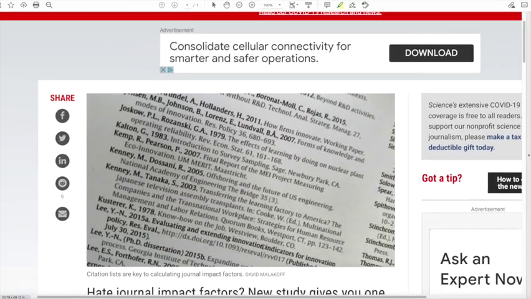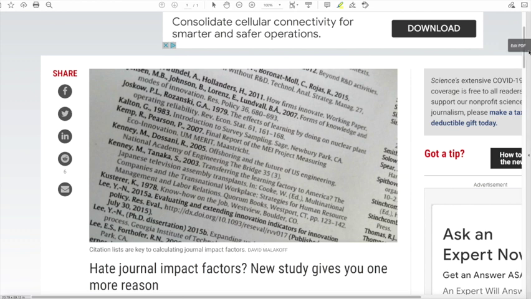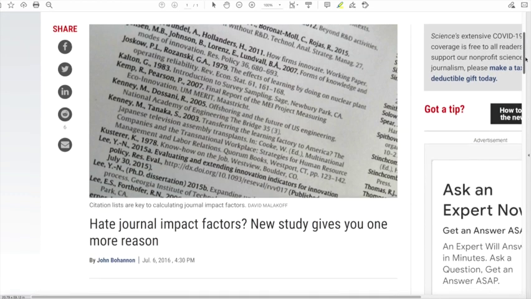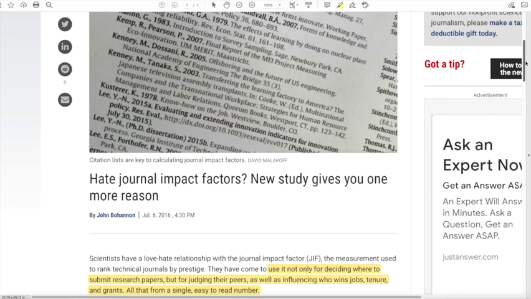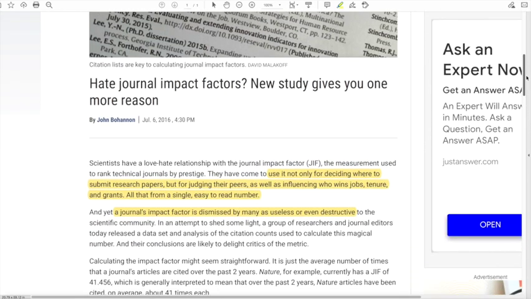So these misuses of the journal impact factor are widely known. And if you look on the internet, you'll see a lot of discussion about misuses of the journal impact factor. For example, this is an article in Science that was published in 2016. And the title of this is "Hate Journal Impact Factors? New study gives you one more reason."